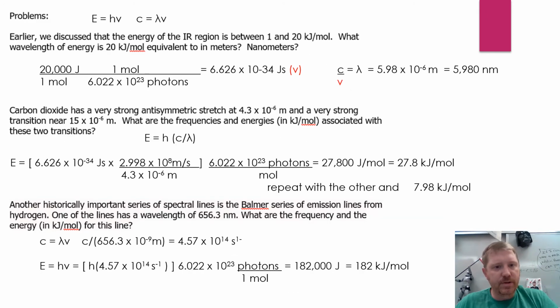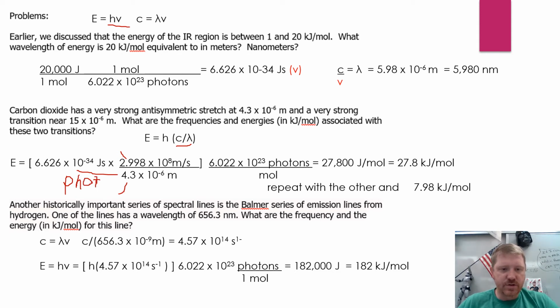Using Planck's equation, h times nu, and since we were given wavelength, I just rearranged the speed of light equation so it was speed of light divided by wavelength because that would be nu. So I have the speed of light divided by the wavelength and then multiplied it by Planck's constant. That would give me energy, but it would give me energy per photon because Planck's constant is really per photon.